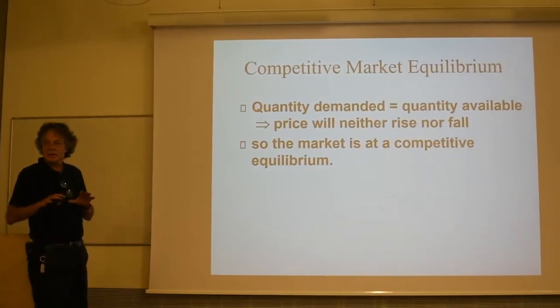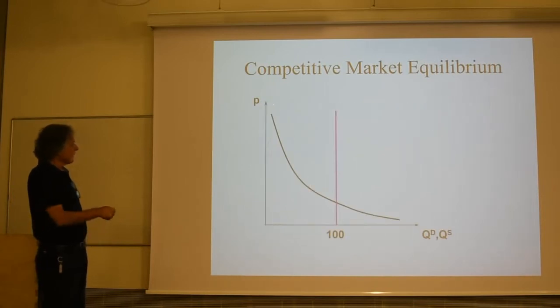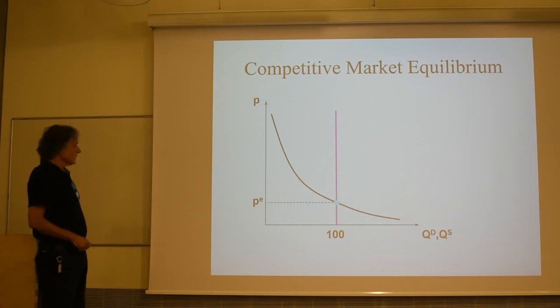Demand equals supply. So here is our demand, here is our supply, and at what price does demand equal supply? This is at this intersection point, it will be this price. So I call it PE, okay?